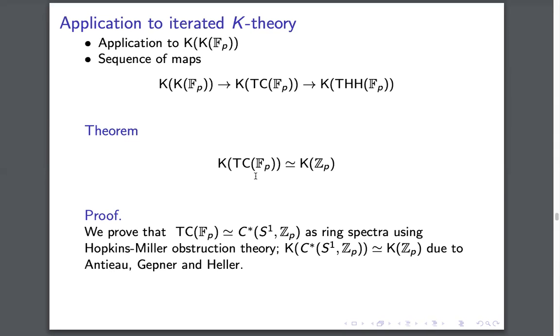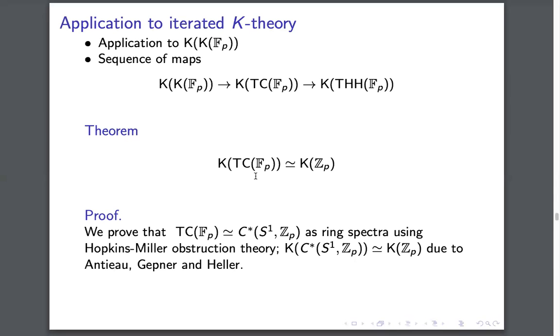Okay, let's say TC. Yeah. Never thought about it, to be honest. The one reason I never thought about it is because this S1 action on co-THH is not even studied. So no one said anything about it. Why is that?